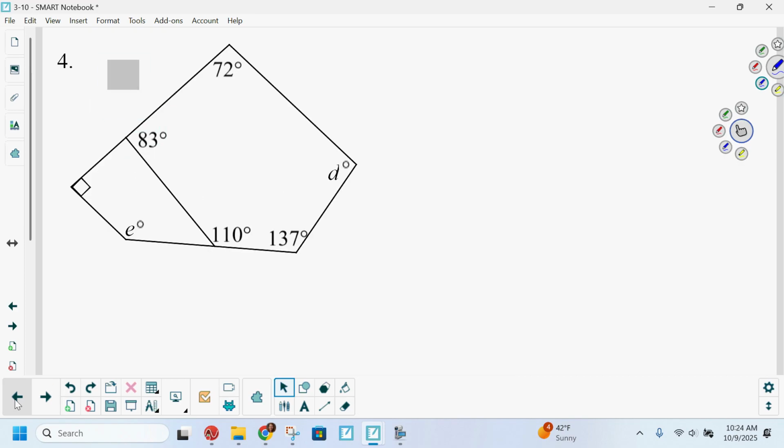Fill in 83 there. And at this point, why don't you pause the video and try this one on your own? I'm going to go ahead and jump right into it. But there's several ways to do this problem. I know we have 90 degrees here. I have 1, 2, 3, 4, 5 sides here. So 5 minus 2 times 180, 3 times 180 is 540.